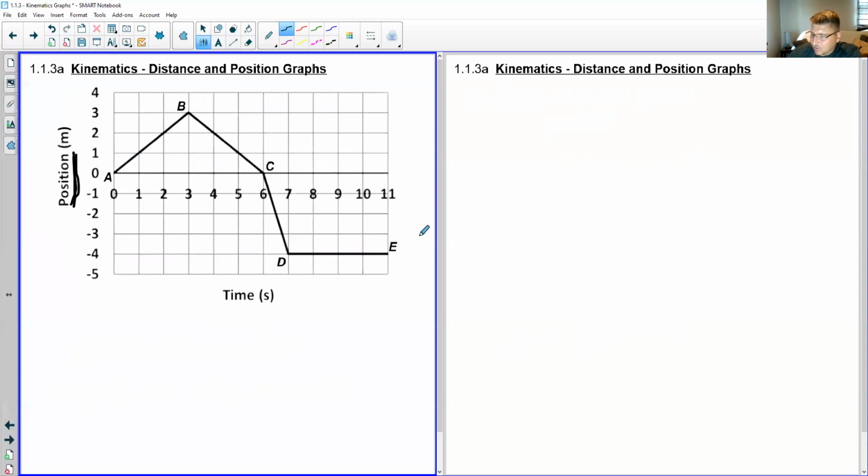However, notice that this graph goes up and down, right, and can go below the x-axis. So anytime you're going away from the x-axis, you're getting farther from the starting point.